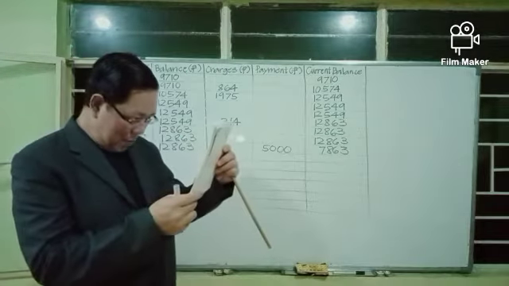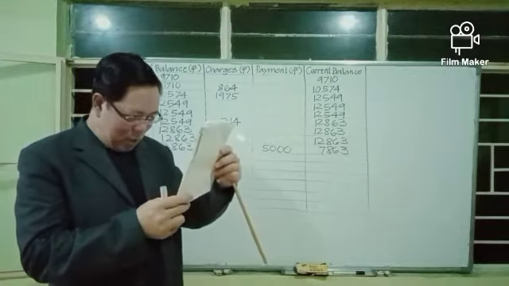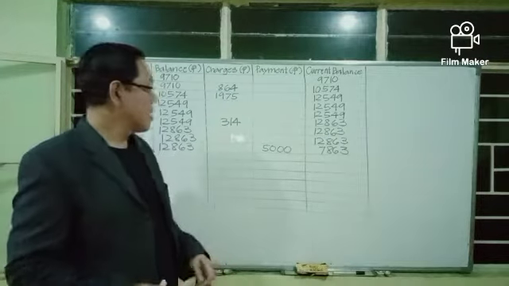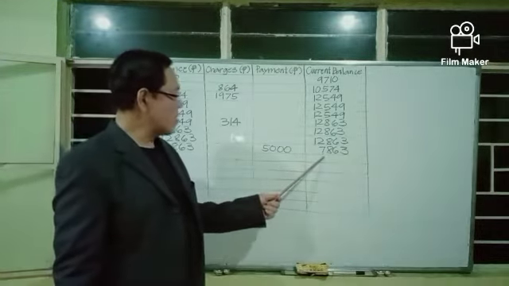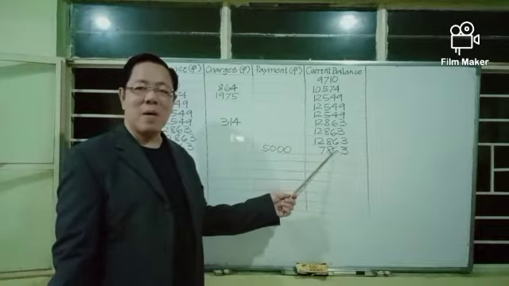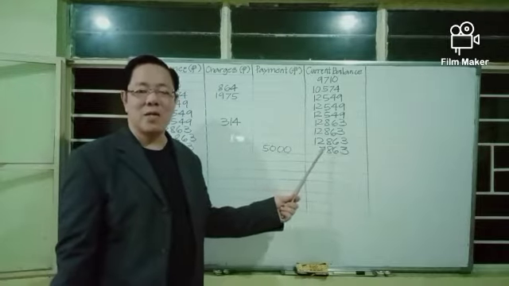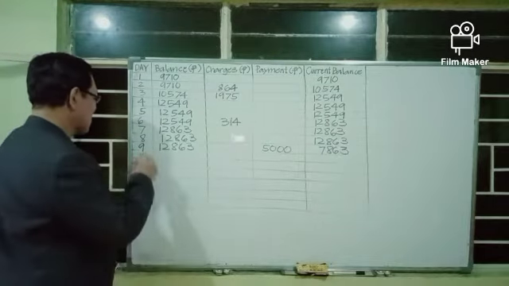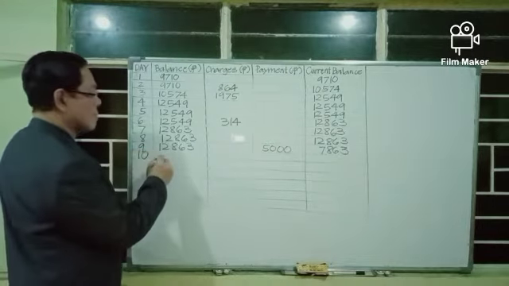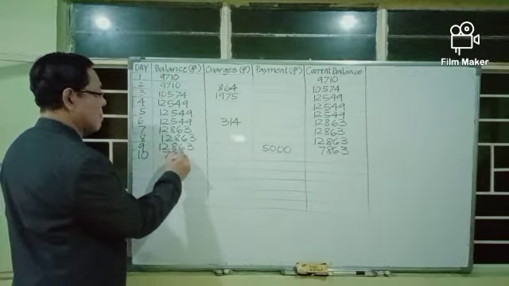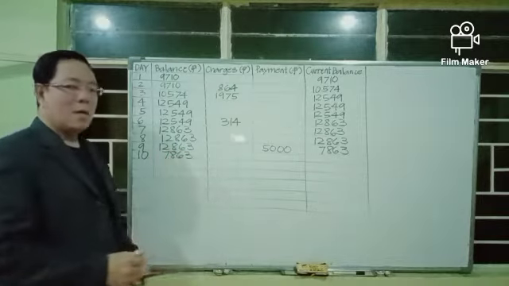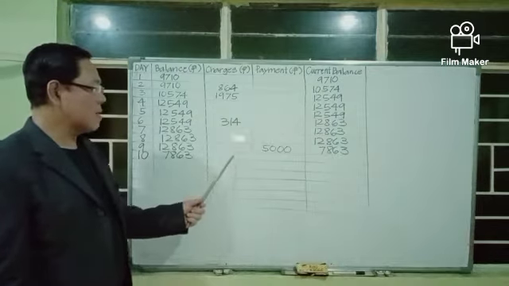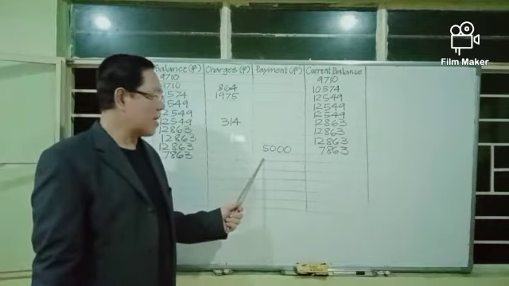Let us see if there was no transaction on November 10 as well as on November 11. So this amount of 7,863 at the end of November 9 would be the balance on her credit card at the beginning of November 10. And Nina did not use her credit card on November 10, and she made no payment on November 10.